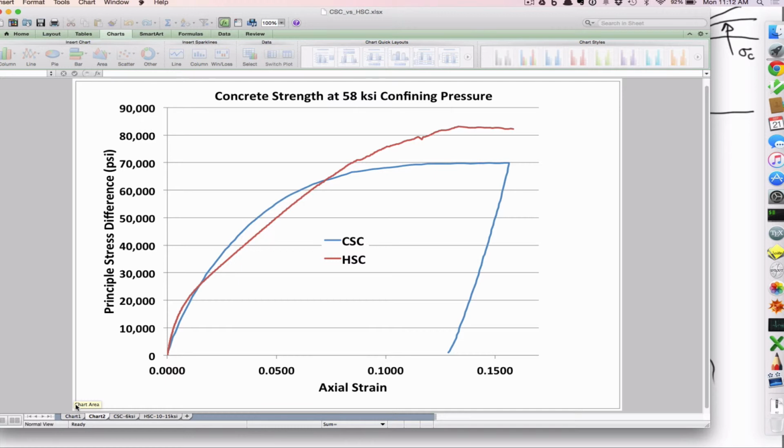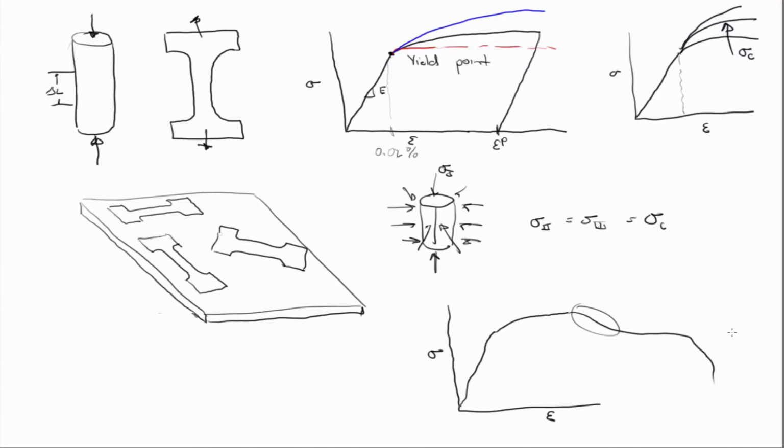Again, the reason it's plotted that way: remember, if we look at Mohr's circle, sigma 2 and sigma 3 are equal, so we just have one circle. That point is sigma 1, and this point is sigma 2 equals sigma 3. And if you remember, on the Mohr circle, this point right here is tau max.